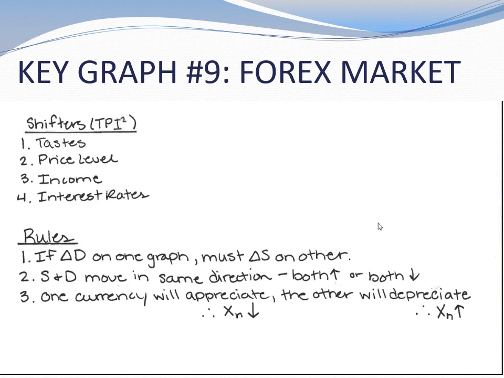The last thing that's really important, and it's kind of the whole point of this lesson, is that if one currency appreciates, then that means that now all of those products in that country are going to be more expensive to foreigners, which therefore means that their net exports will decrease, right?